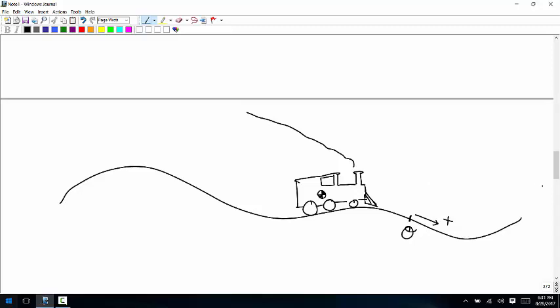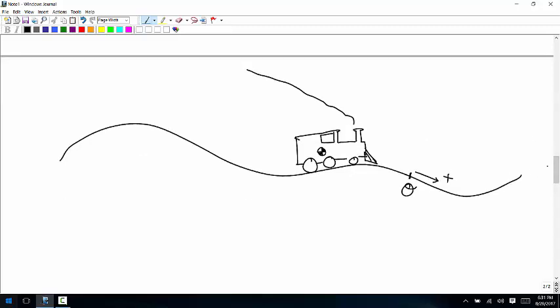And now we can use a meter stick and measure how far we are from the 0 position. Let's say there's 1 meter, 2, 3, 4, 5. Okay.